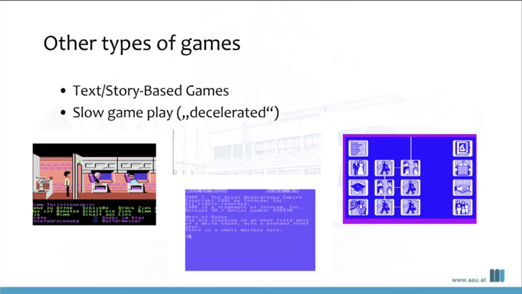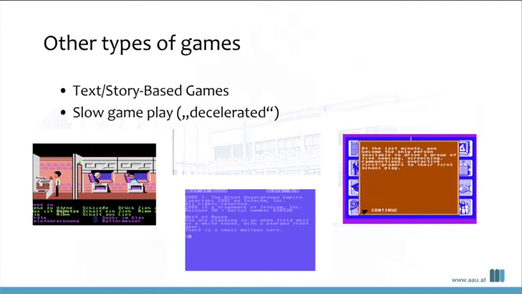But there are other games that you can make with this computer and that have been made. So we're looking here at some games that are more based on text or story. They have a slower gameplay, so you have a more decelerated approach. On the left side there is a point-and-click adventure named Zak McKracken. In the middle there is the port of the game Zork, a famous text adventure, to the Commodore 64.